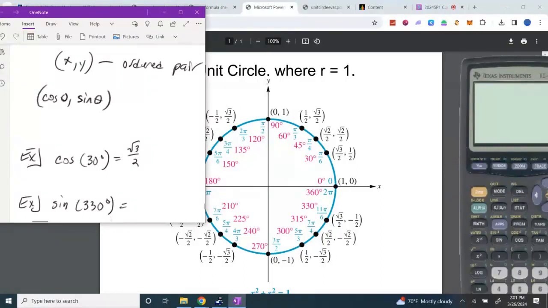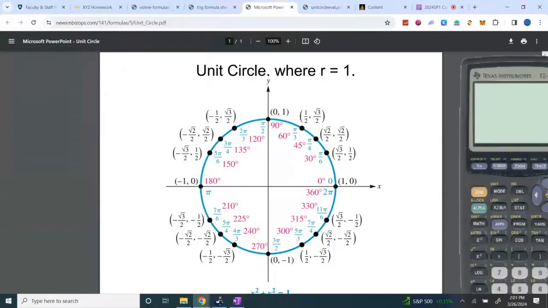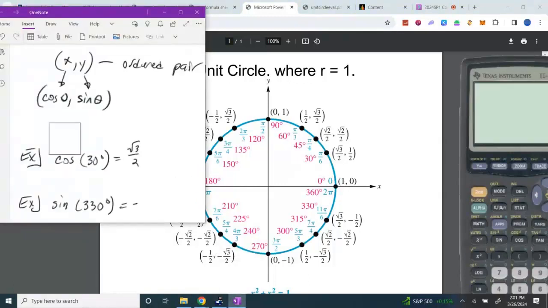Since the sine corresponds to the y coordinate, the sine of 330 degrees would be negative 1/2. So we get negative 1/2.